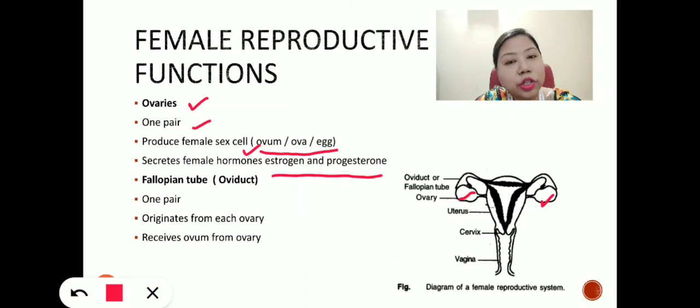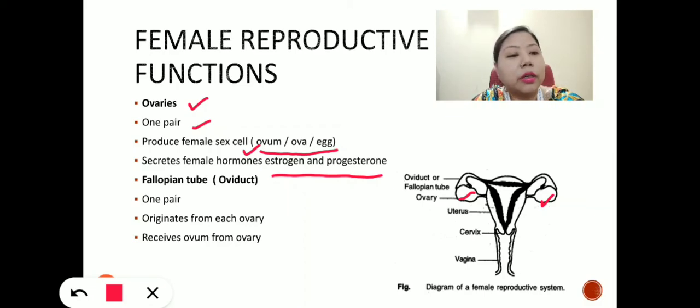And what is the function of these hormones in the female? They are responsible for the development of secondary sexual characteristics. So the main function of the ovary is to produce the female gamete, or ova, egg, ovum, and also the female hormones estrogen and progesterone.